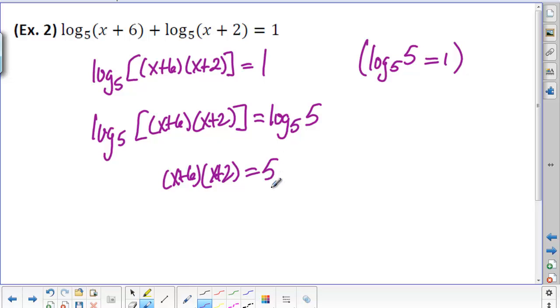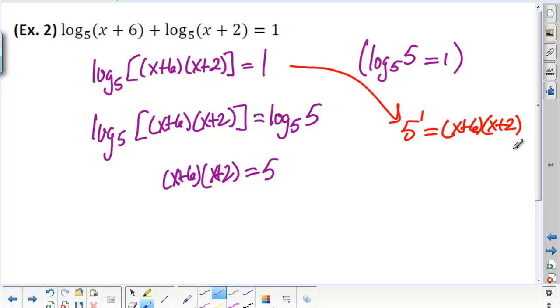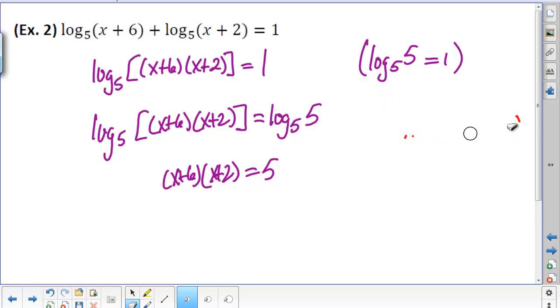An alternate route, we could have gone from here and rewritten this as 5 to the 1 equals this right here, rewriting it as an exponent. Notice we get the same thing. So just know that's an alternate method, and you'll see that fairly often, where there's more than one way to get to the end with the correct answer. However you get there is fine as long as it's correct.